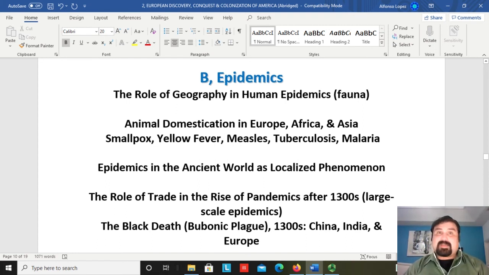Okay, so epidemics. This is another aspect of the geography. What do I mean by that? Well, epidemics are also a byproduct of the geography. In what way? Most epidemics originate from bacteria, microbes like viruses, parasites that exist in the organisms of animals.